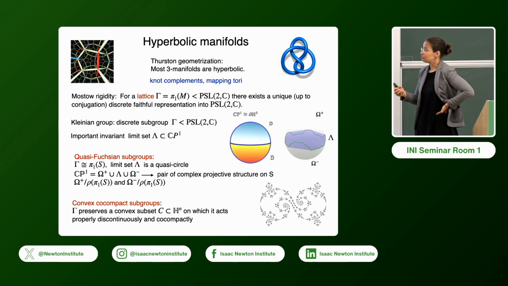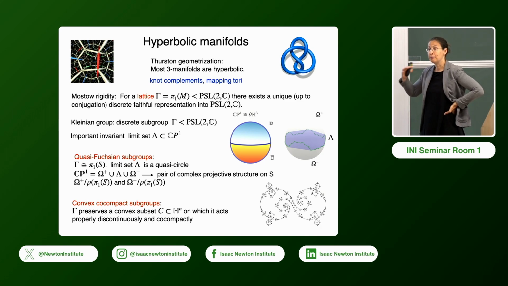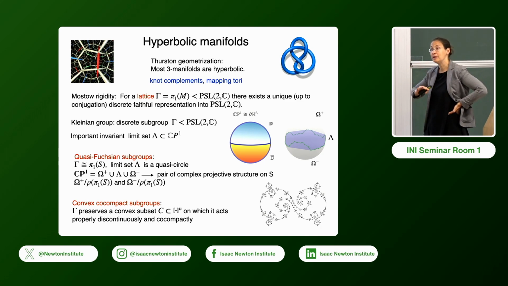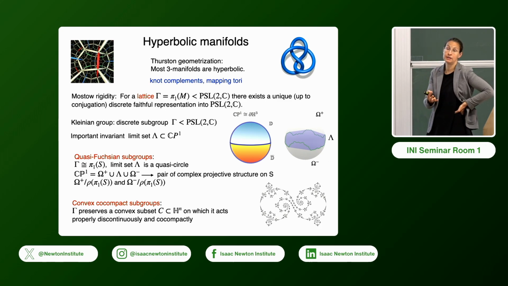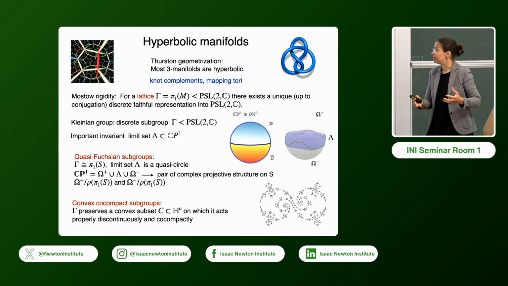So, of course, we all know by Thurston's geometrization, and by constructions of hyperbolic manifolds, that many 3-dimensional manifolds carry a hyperbolic structure. We also know that things behave very differently. The fundamental groups of closed hyperbolic 3-manifolds behave very differently from surfaces because we have Mostow rigidity, right? If I give you the fundamental group of your hyperbolic 3-manifold, there's a unique hyperbolic structure on your 3-manifold.